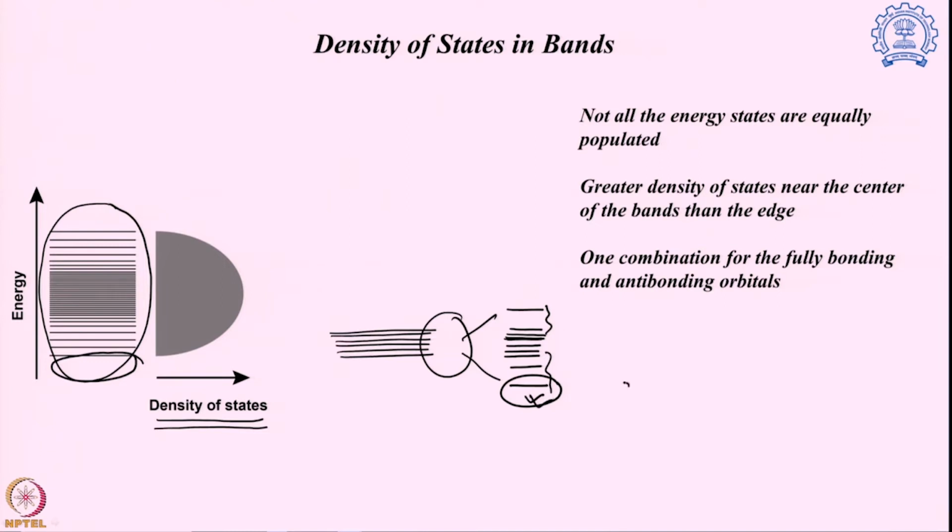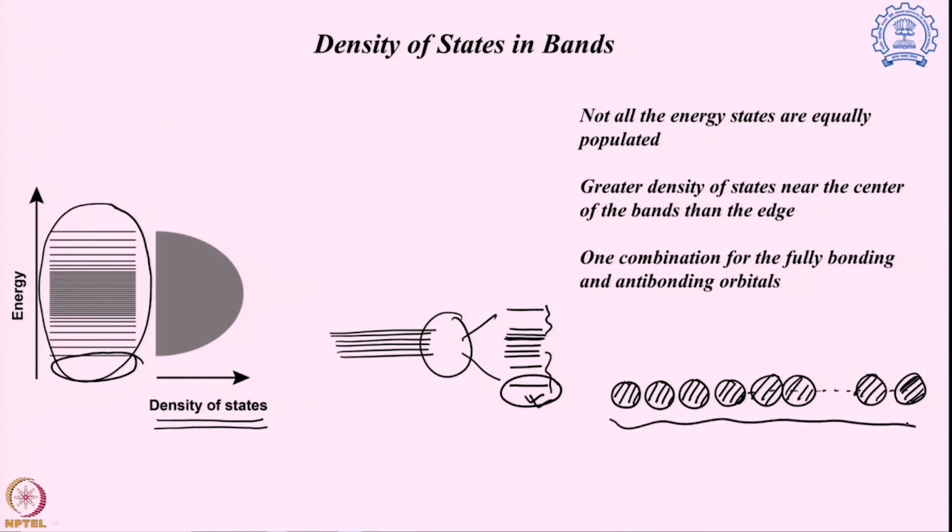Just to give you an example, say I am taking these s orbitals again, 4 of them, and there is only one particular way I can have all of them in the same phase. And if I increase it to n numbers and so on, there is only one possible way to have this particular symmetry, where all of them are in the same symmetry.